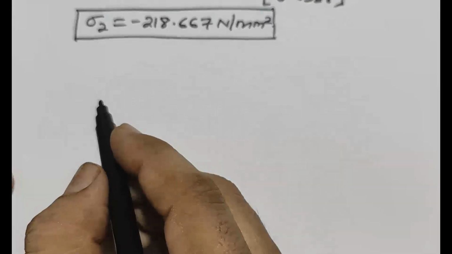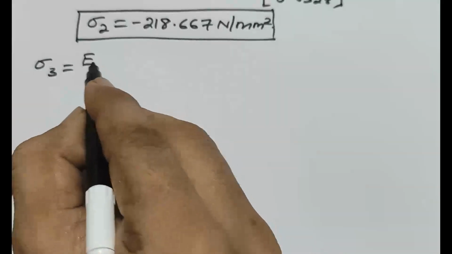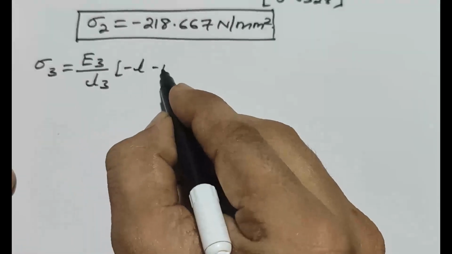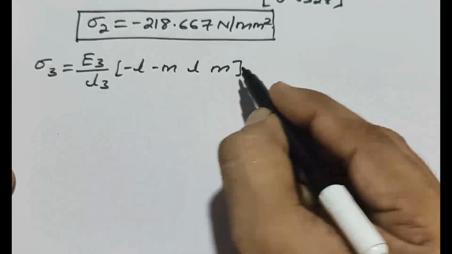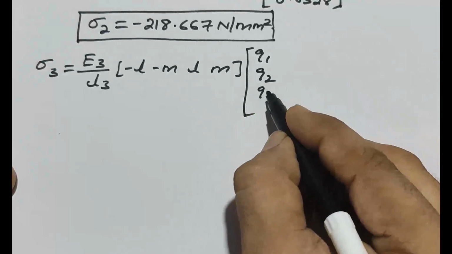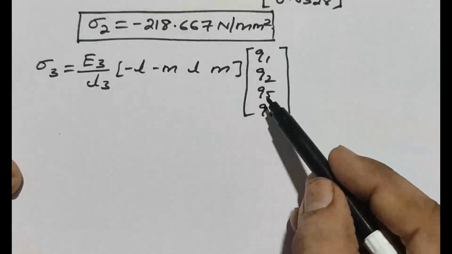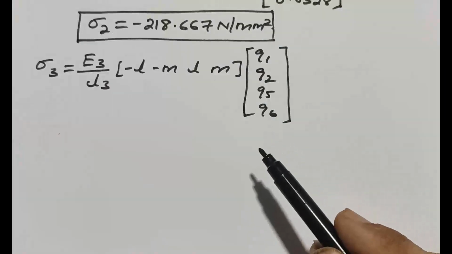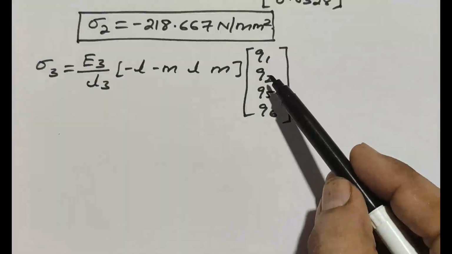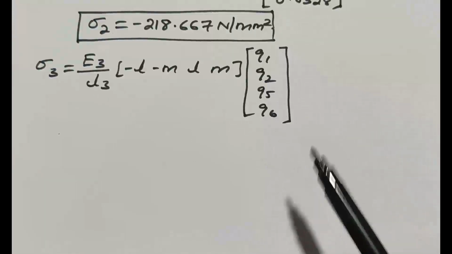Next we need stress in the third element, that is sigma 3 is equal to E3 by L3 times [minus L, minus M, L, M] into Q1, Q2, Q5, Q6. See why Q1, Q2, Q5, Q6? The element number 3 connects node number 1 to node number 3. At node number 1 the displacement is Q1, Q2, and at node number 3 it is Q5, Q6. Therefore Q1, Q2, Q5, Q6.